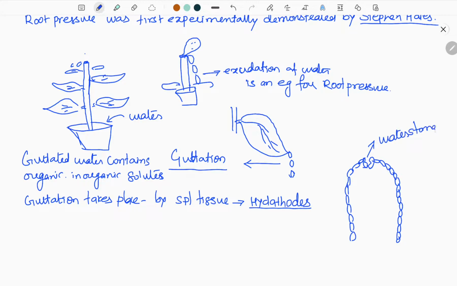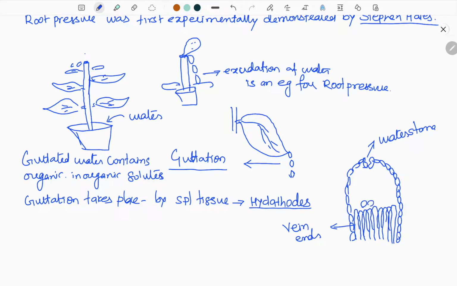And these are the vein ends. Vein means you know that the vascular supply given out in leaf is called as the veins. So these are vein ends.